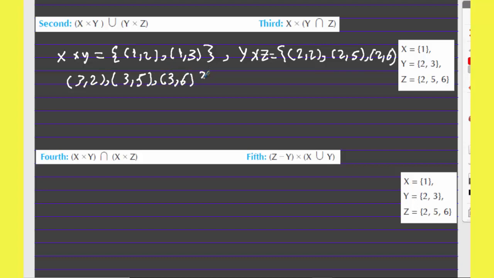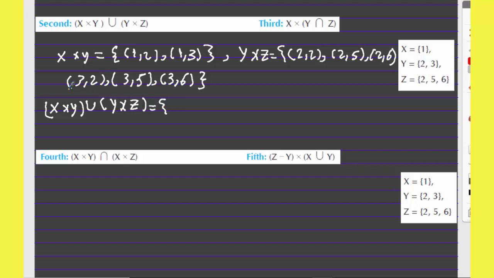Now the requirement is to find x multiply y union y multiply z, which equals another set: all the elements in x multiply y and y multiply z without repeating.